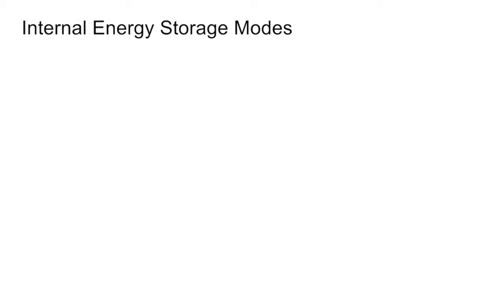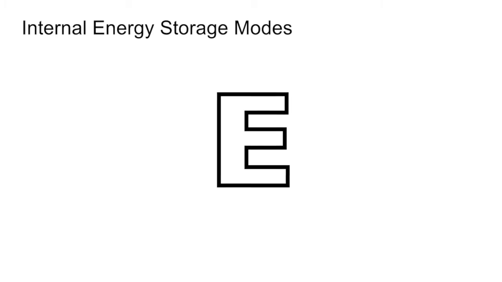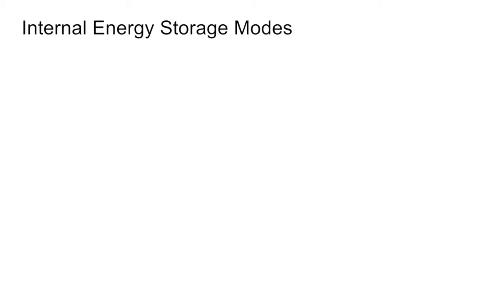In this class, we'll represent energy that's internal to a system with the symbol E. A subscript on this variable will tell us what type of storage we are dealing with. Here are the most common energy storage modes we will be dealing with. E sub k, that's kinetic energy.